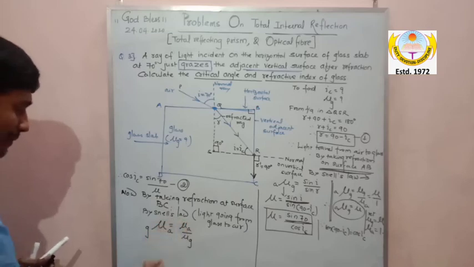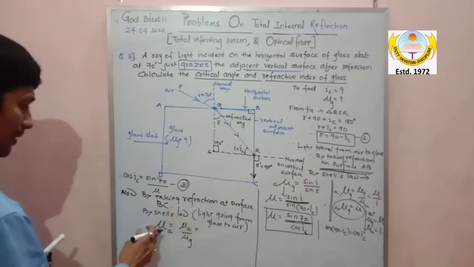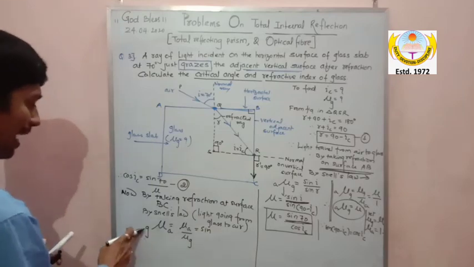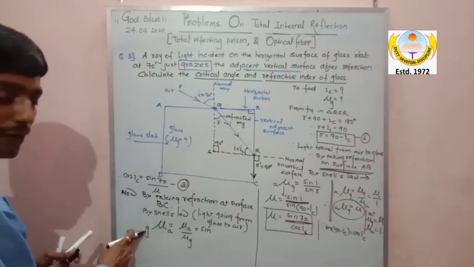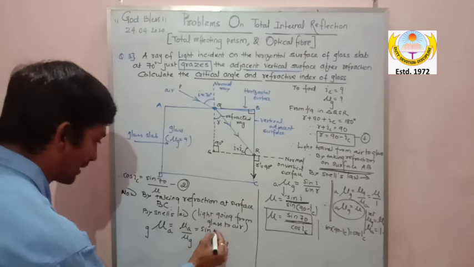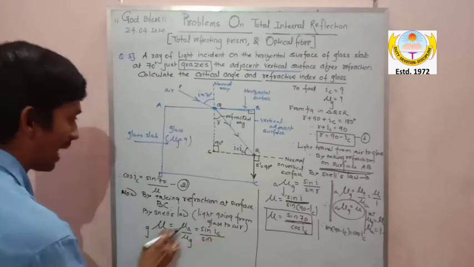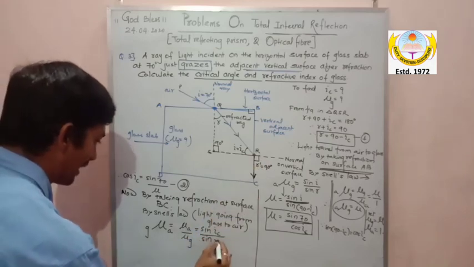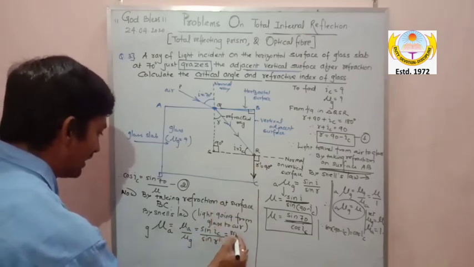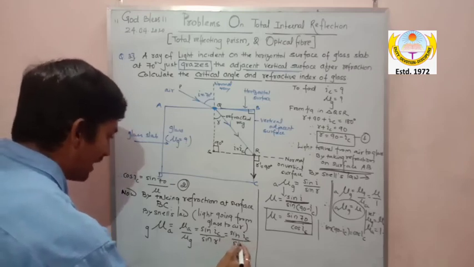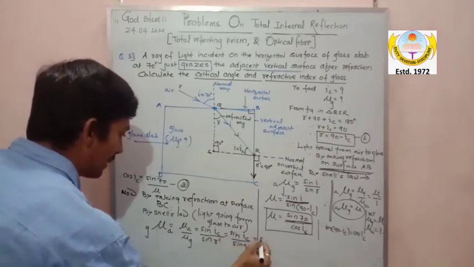Now this will be sine of the angle made in glass, sin IC, divided by the angle made in air, R dash, that is sin 90. So this is ultimately sin IC.